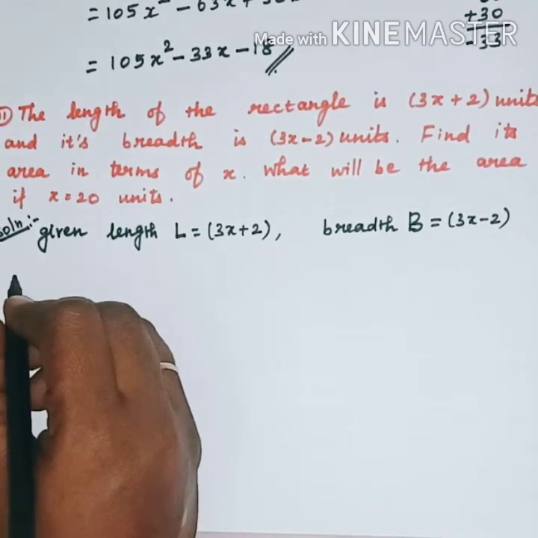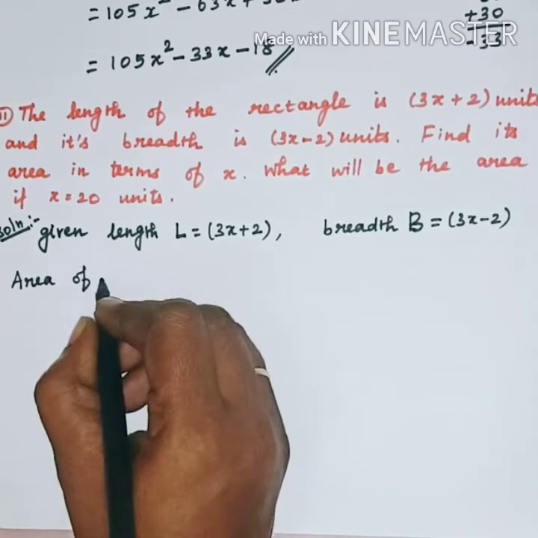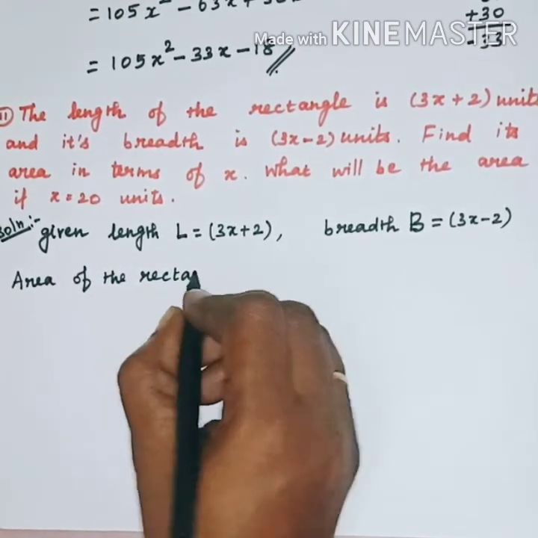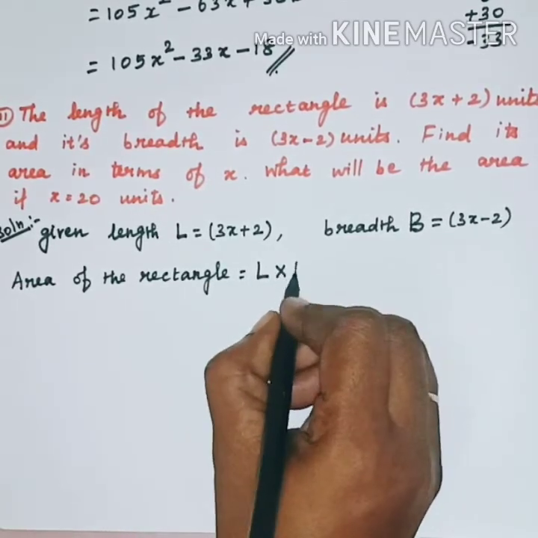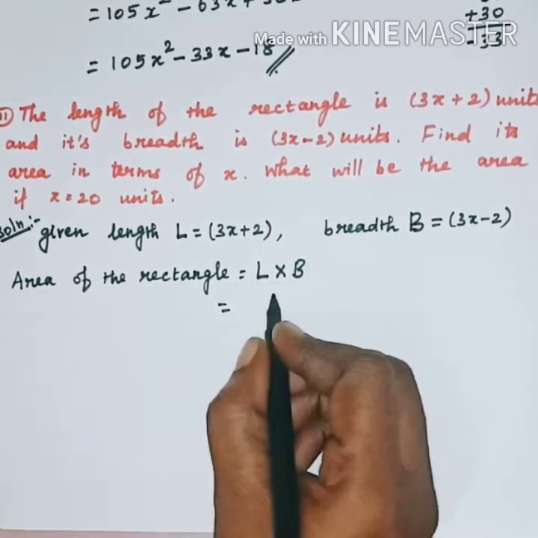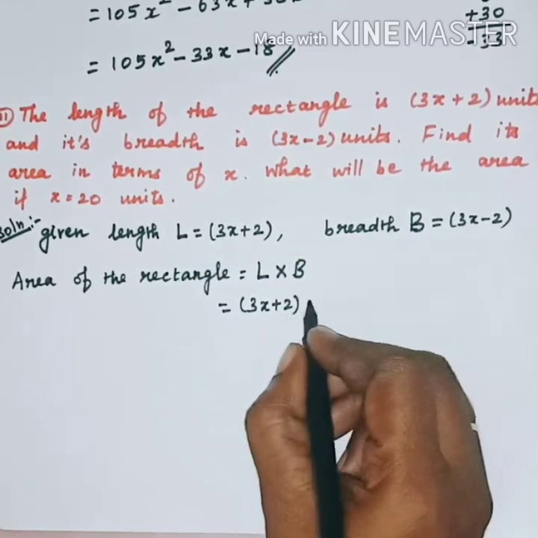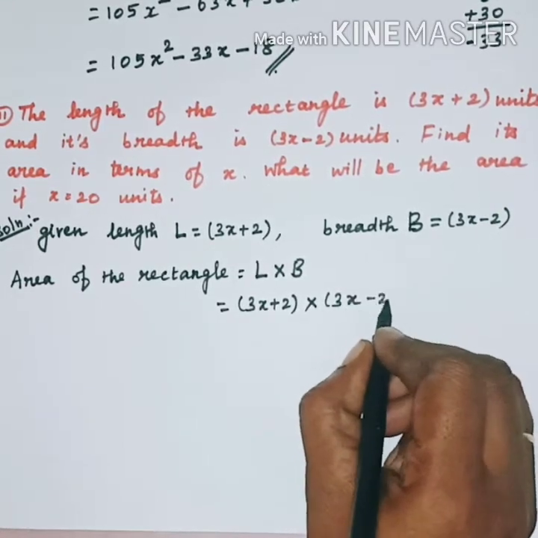Now we have to find the area of the rectangle. You know, area is length into breadth, L into B. So L is 3x plus 2 into breadth B, which is 3x minus 2.